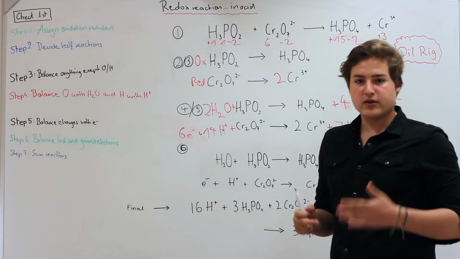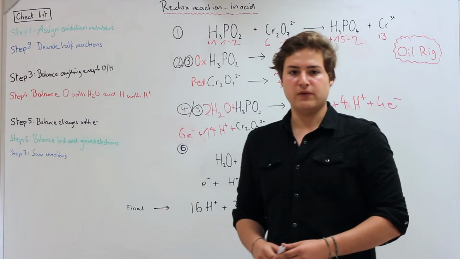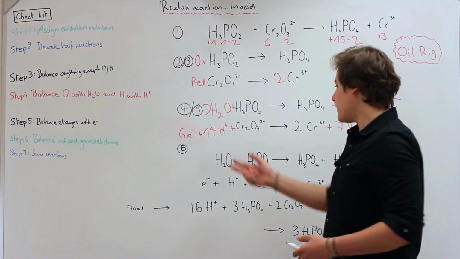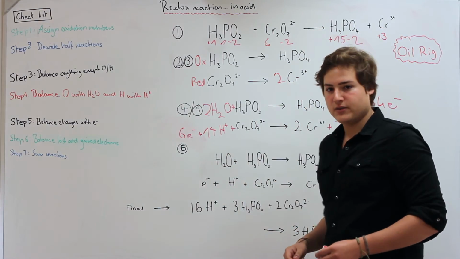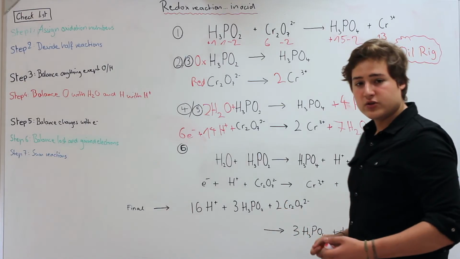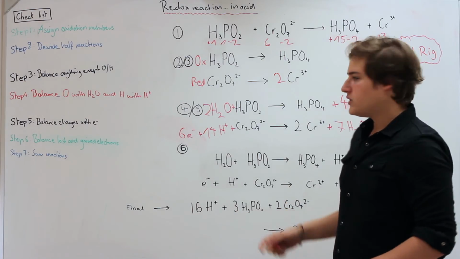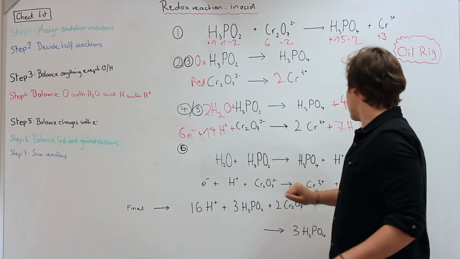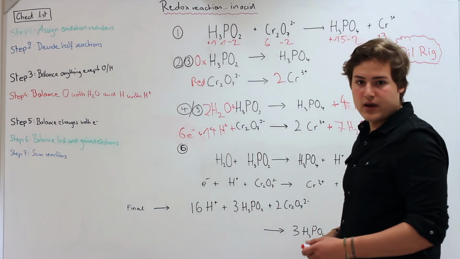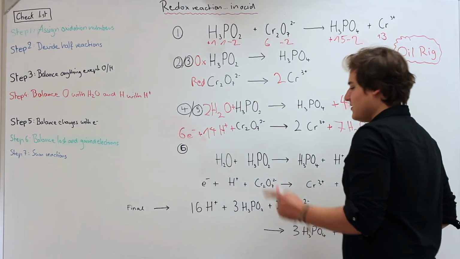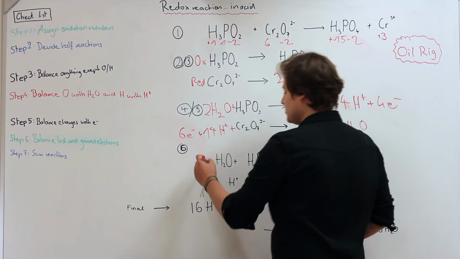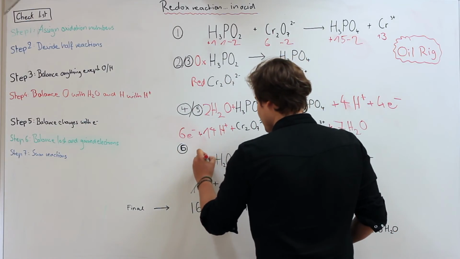We need to find the smallest common multiple of these two and multiply the whole reaction by it. So the smallest common multiple would be 12 in this case. So we multiply the oxidation reaction by 3 and the reduction reaction by 2. So 2 times 3 is 6.